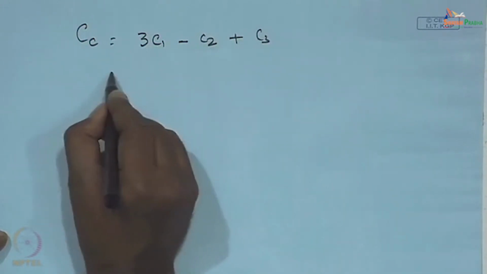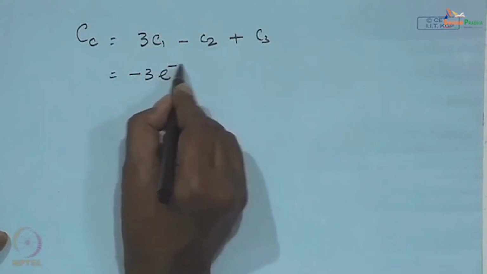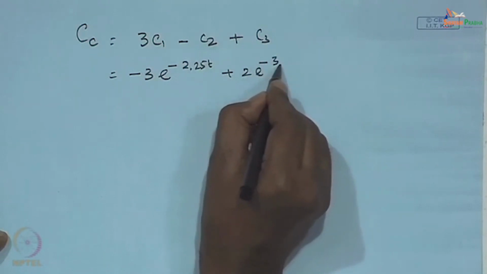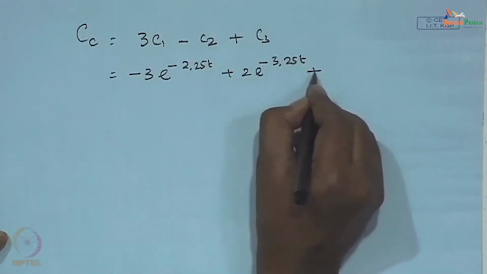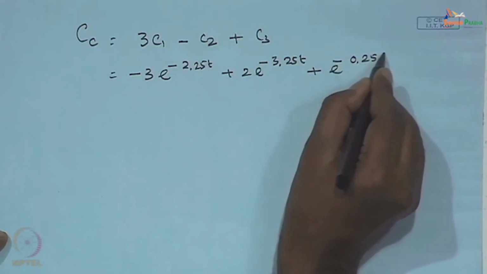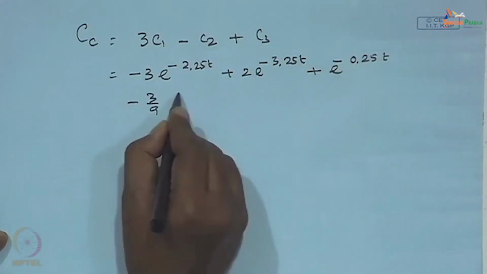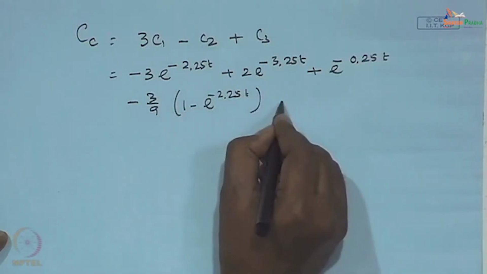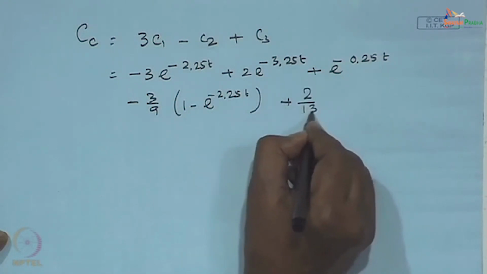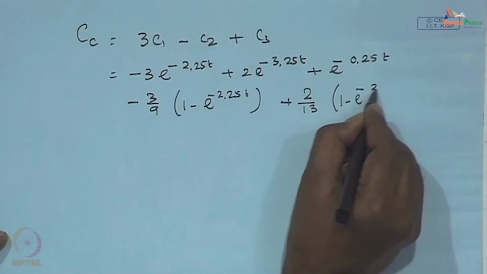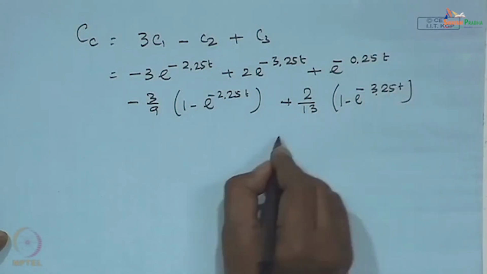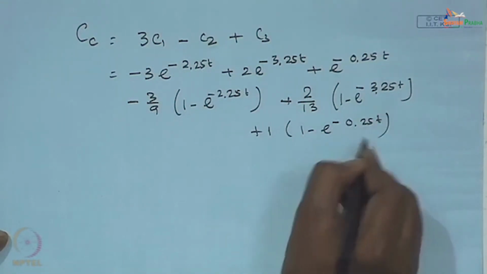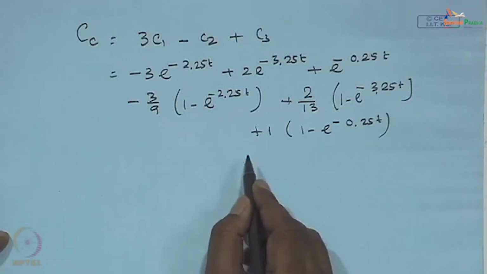So, ultimately you will be getting minus 3 e to the power minus 2.25 t plus 2 e to the power minus 3.25 t plus e to the power minus 0.25 t minus 3 by 9 times 1 minus e to the power minus 2.25 t plus 2 by 13 times 1 minus e to the power minus 3.25 t plus 1 multiplied by 1 minus e to the power minus 0.25 t. So, that gives the final solution of C C.